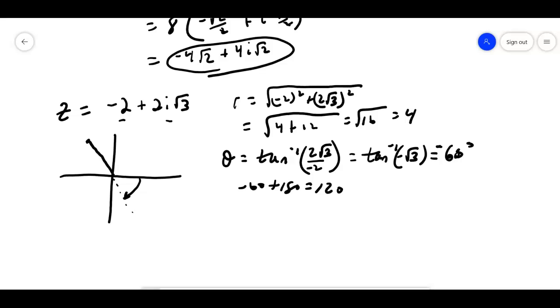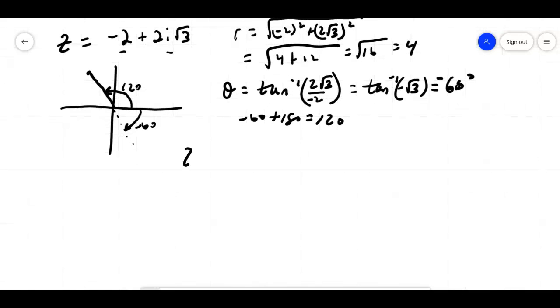So sometimes you have to adjust your angle. So this one here was what the calculator gave you, and this here is what you actually need. Okay, so now we have z equals 4 cosine 120 plus i sine 120.